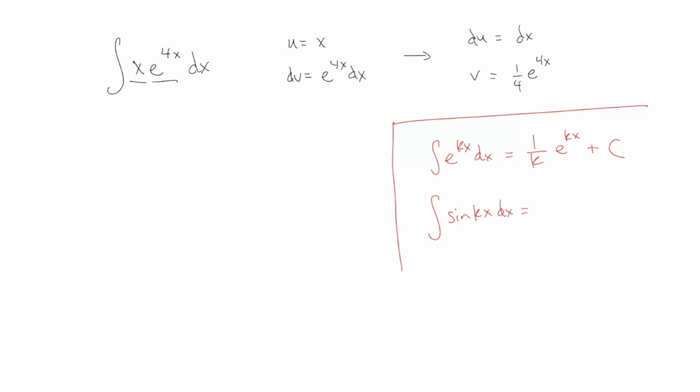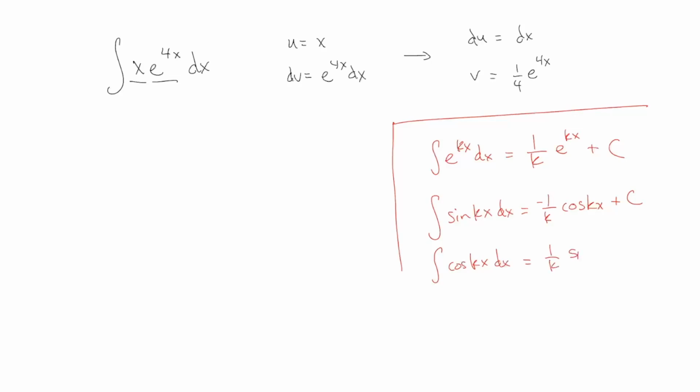If you have sine or cosine with an extra constant on the inside, if you were taking the derivative, the chain rule would say you have to multiply by that constant, but since I'm doing the integrals, I'm going to divide by that constant. So the integral of sine of kx is 1 over k. Well, it's negative, because the integral of sine is negative cosine. Like that, right? And then there's one for cosine also.